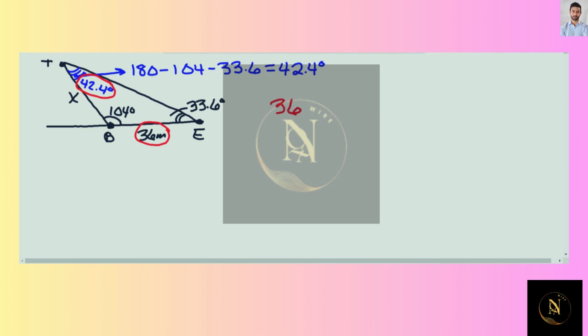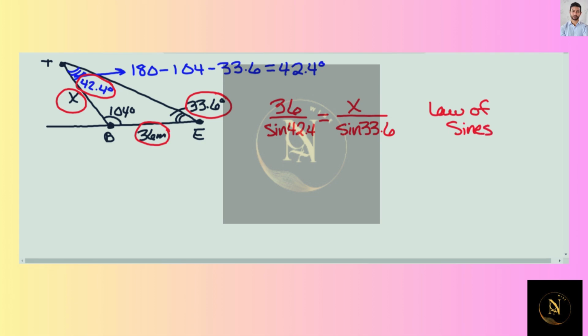So I can say 36 divided by the sine of 42.4 is equal to, and then I can use the ratio of another angle and its opposite side. Well, the side X that we are looking for is across from the angle 33.6 degrees. So I can say that's equal to X over the sine of 33.6 degrees. So this is the law of sines, or sometimes we call this the sine rule.